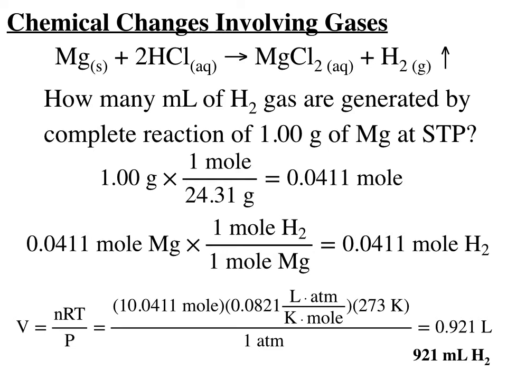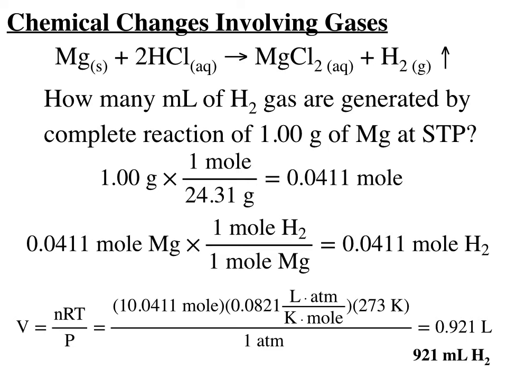Then from the stoichiometry of the balanced equation, 1 mole of H2 is formed for every 1 mole of Mg reacting. I know that I will have 0.0411 moles of H2 evolving from 0.0411 mole of Mg reacting completely.